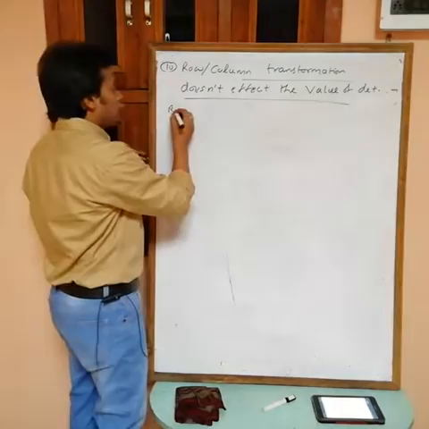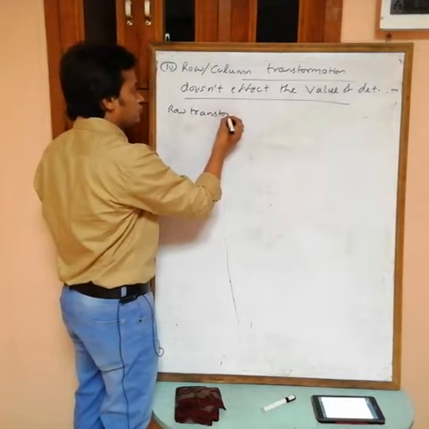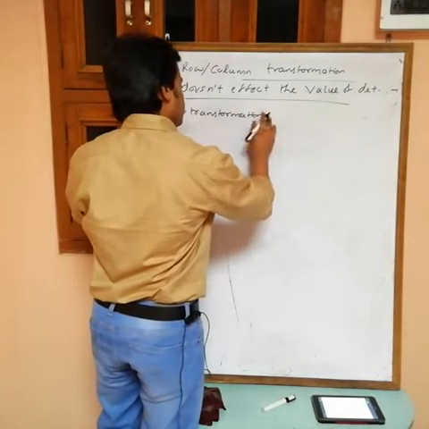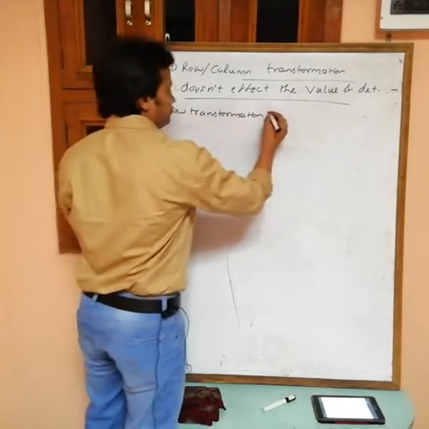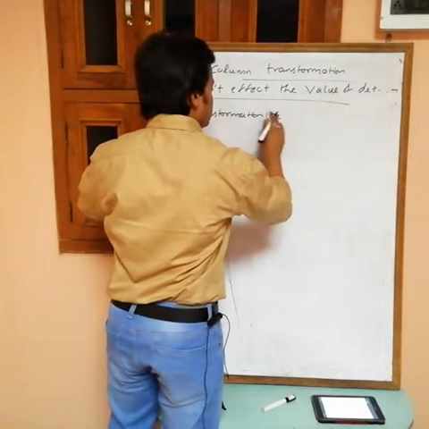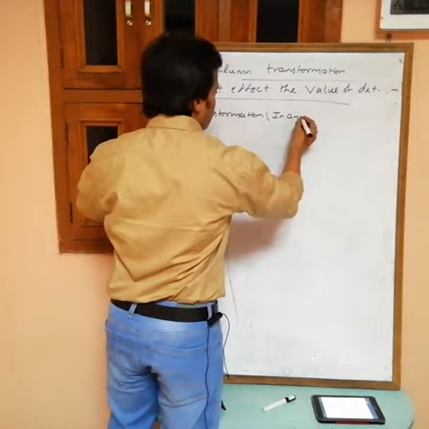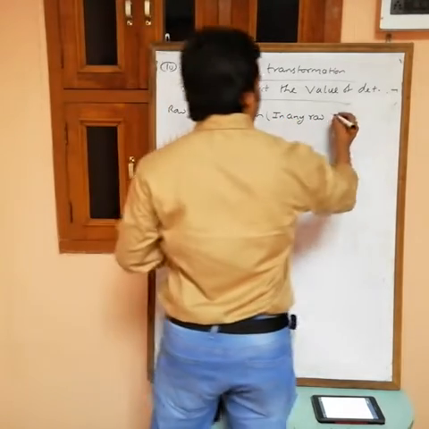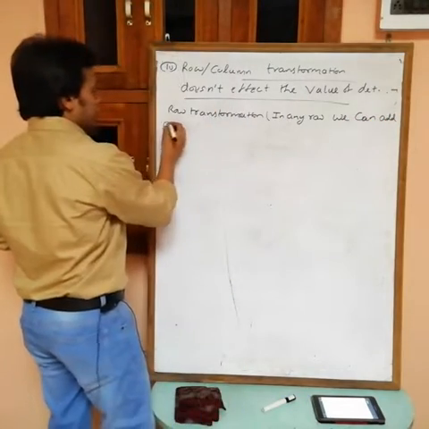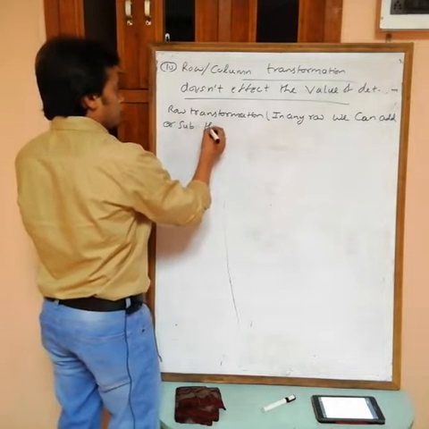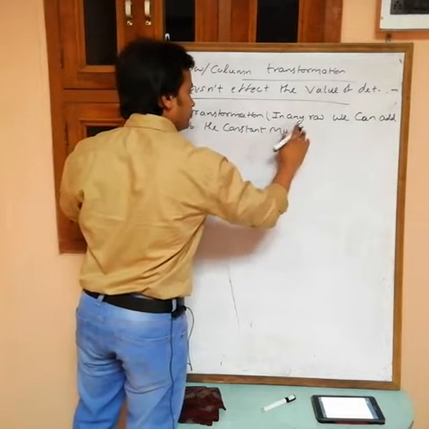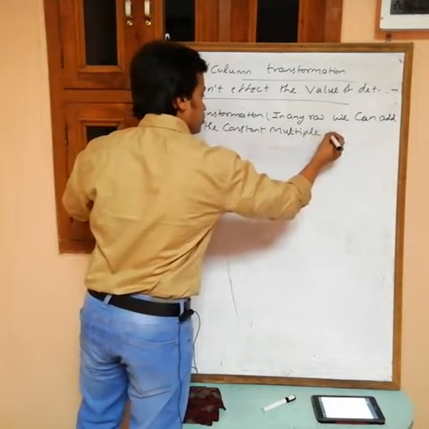The meaning of this is that in any row we can add or subtract a constant multiple of another row.